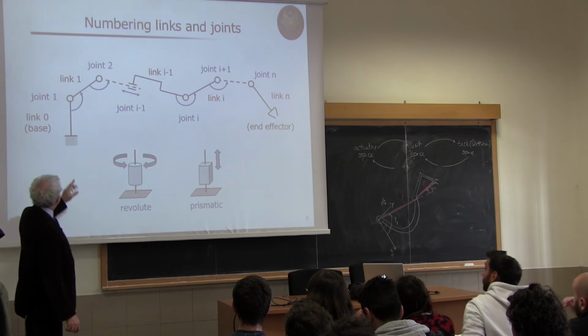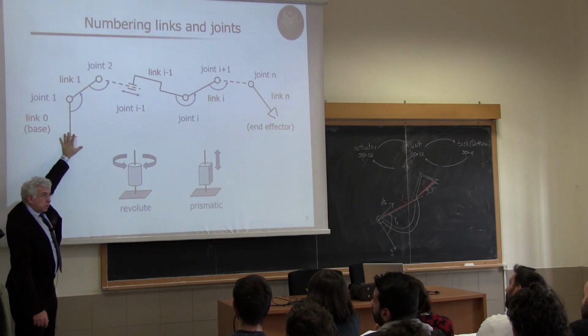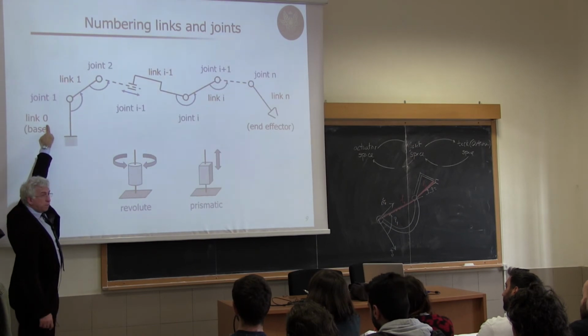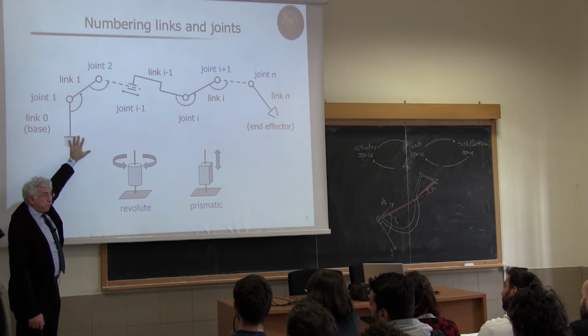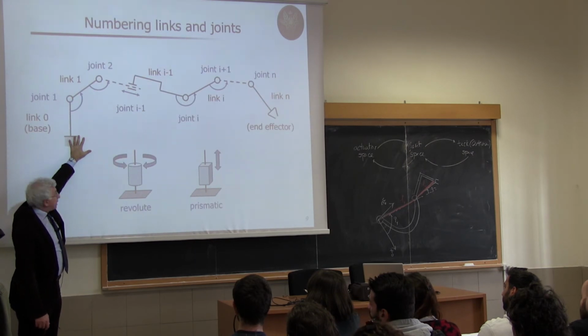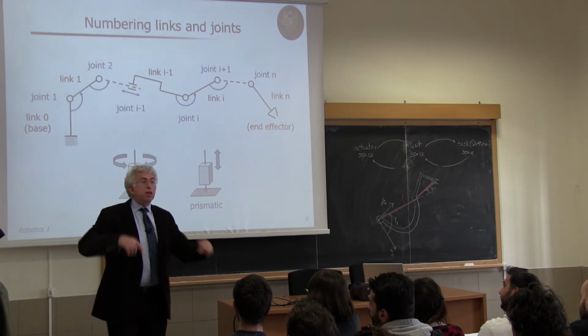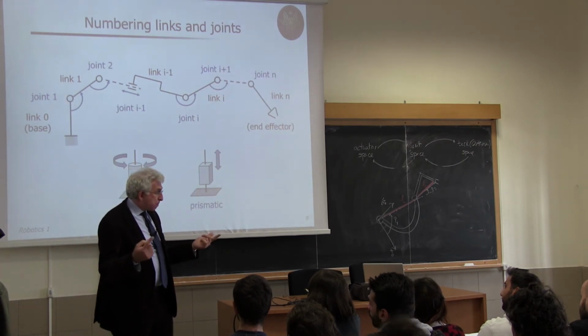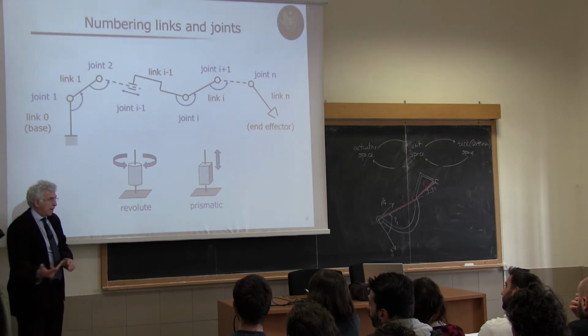And pay attention, we start with the base of the robot. So the base is link 0. Pay attention, this is not moving if we are considering a fixed base manipulator. If the manipulator is mounted on a platform, so it becomes a mobile manipulator, then of course this frame will move with the platform.